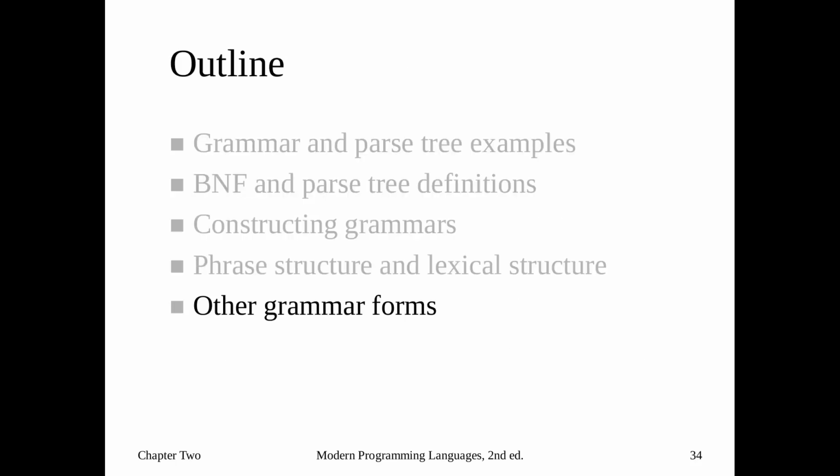All right, so we've gone through and looked at phrase structure and lexical structure. We know how to construct these grammars. We've seen what BNF parse trees look like. Well, there are other ways. BNF was the initial way of describing these grammars, but when you try to write these grammars out, BNF is a very long-winded way of doing it, and so over time we've developed extensions to make it easier to write these grammars.